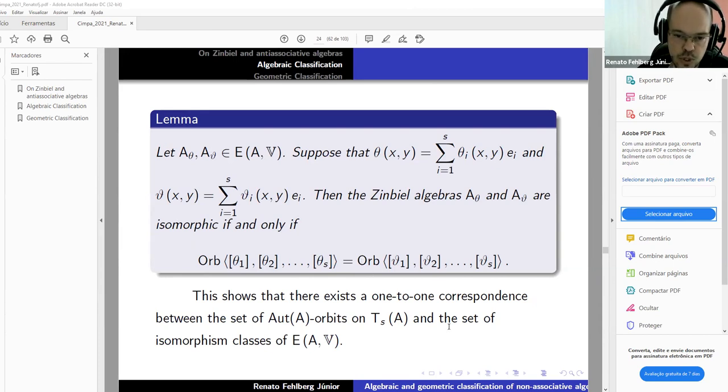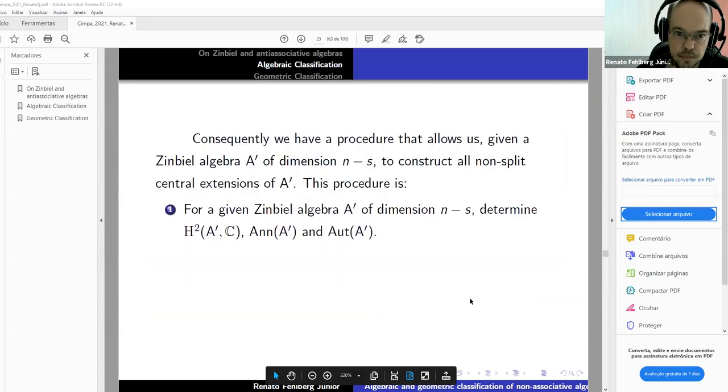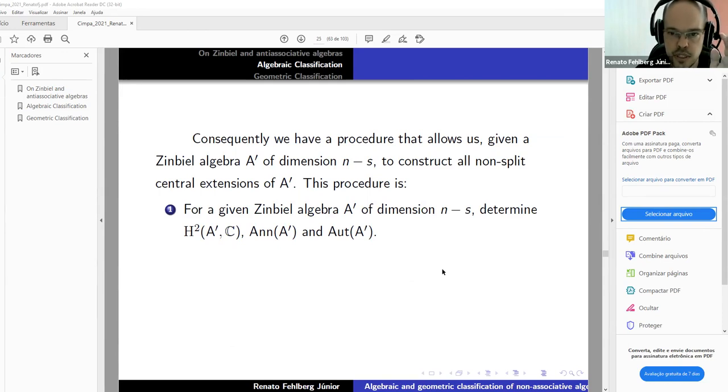So with this correspondence, we can now describe exactly the method that we use to obtain the algebraic classification of these algebras. So if A' is an n minus s dimensional Zinbiel algebra, the following procedure will construct all non-split central extensions of A'.